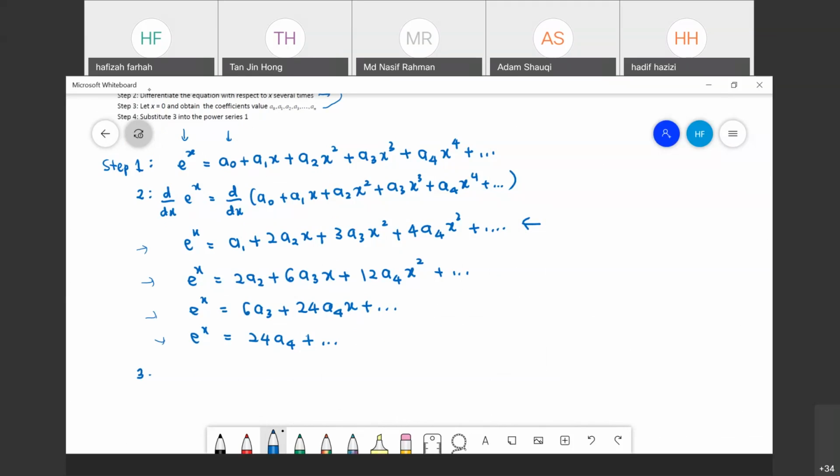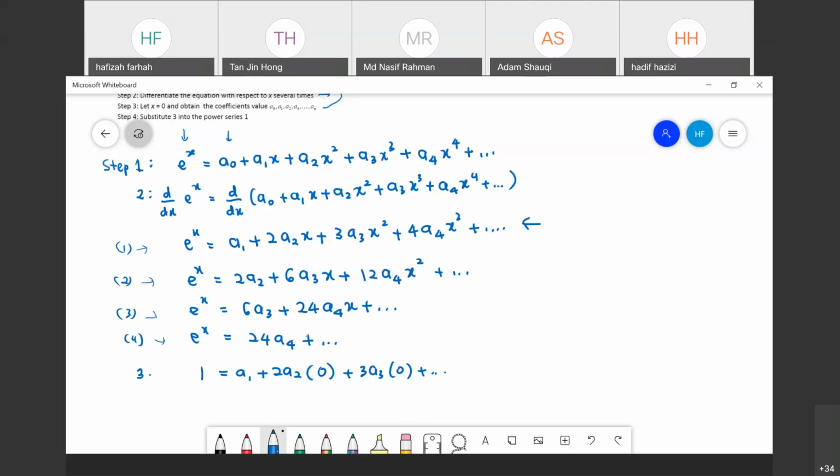So the first one, this will be the first equation. So e to the power of 0 equals 1 equals a1 plus 2a2x, now x is 0 and all are 0.